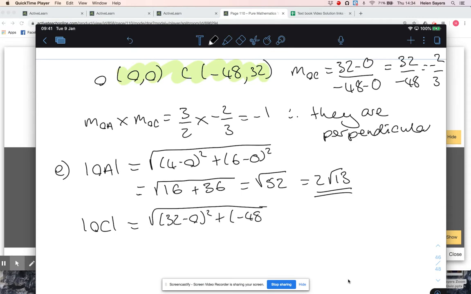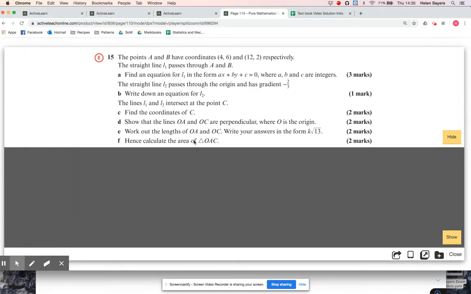The minus is irrelevant because I'm squaring. That is definitely going into my calculator. 32 squared plus 48 squared, all square rooted, is 16 root 13. As far as I can judge, that's looking pretty good because they are both in terms of root 13. And then we are pretty much there.